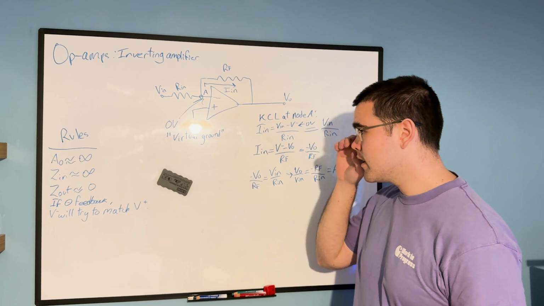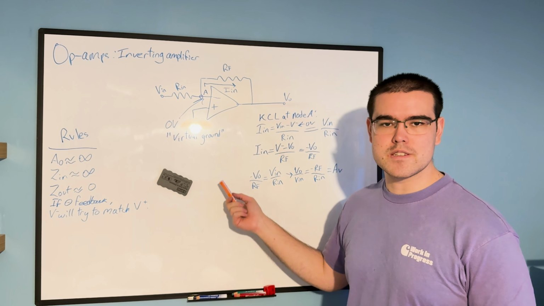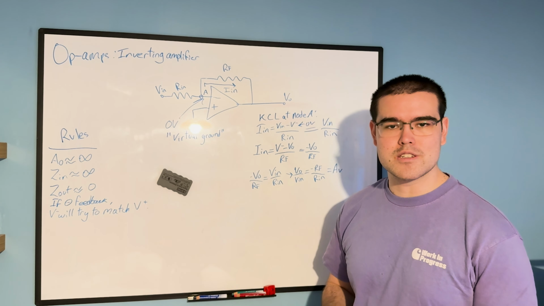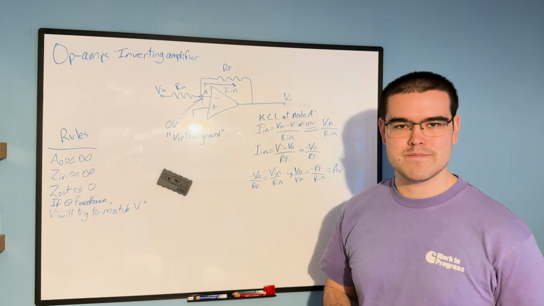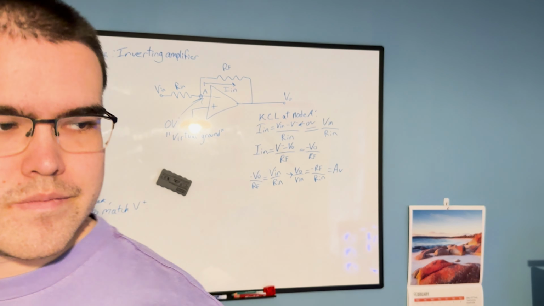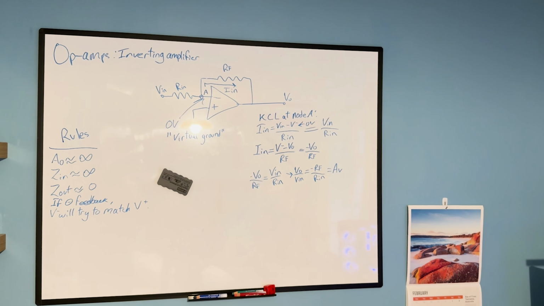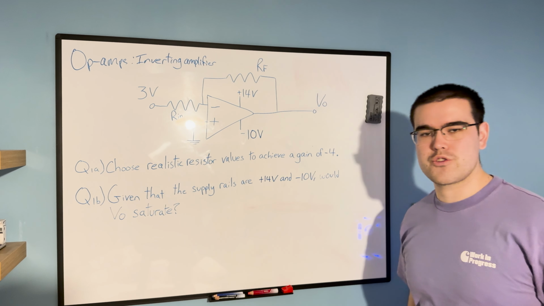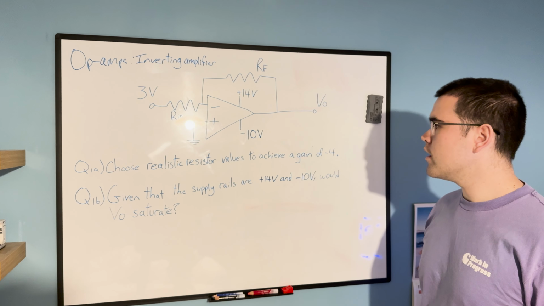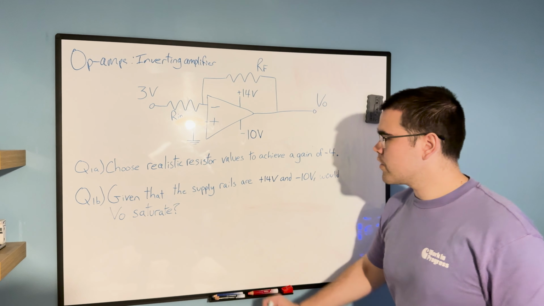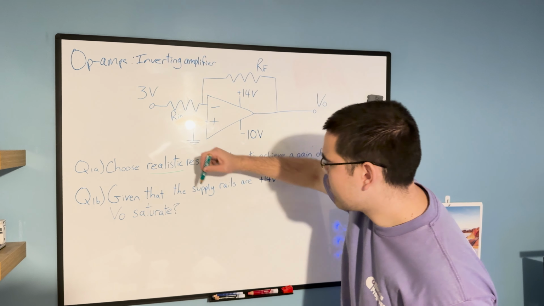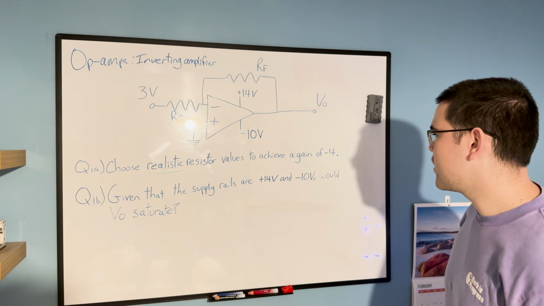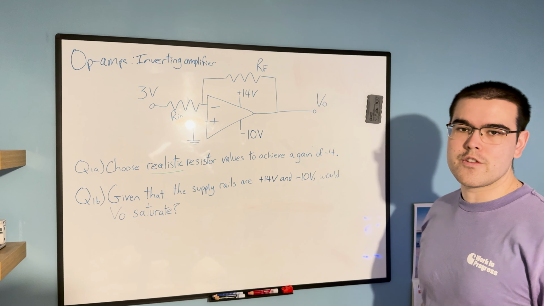So now I will just ask you a couple questions to test your theoretical knowledge of the inverting amplifier, okay? Okay, so here are two questions I have for you to try. So for question 1A, choose, I want to make this clear, realistic resistor values to achieve a gain of -4.